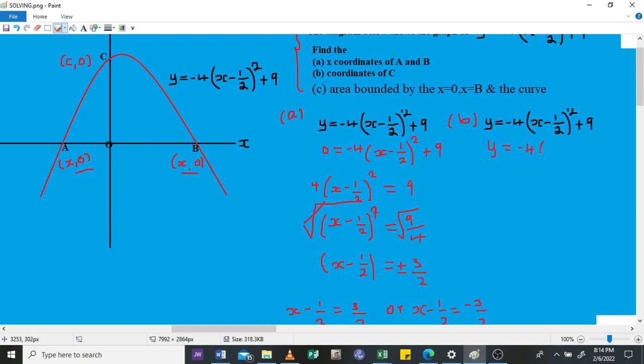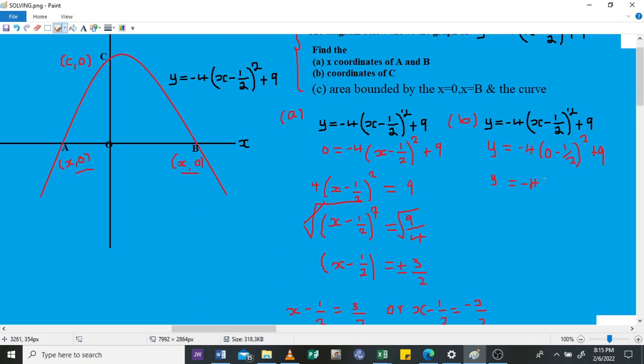So we just substitute 0 where we have x, and then this is squared, plus 9, right?